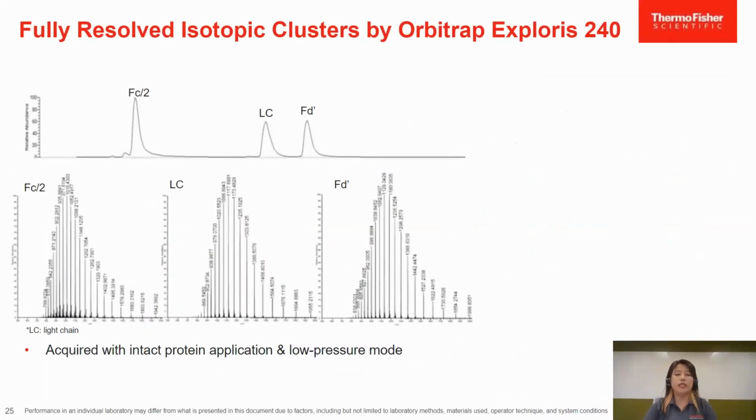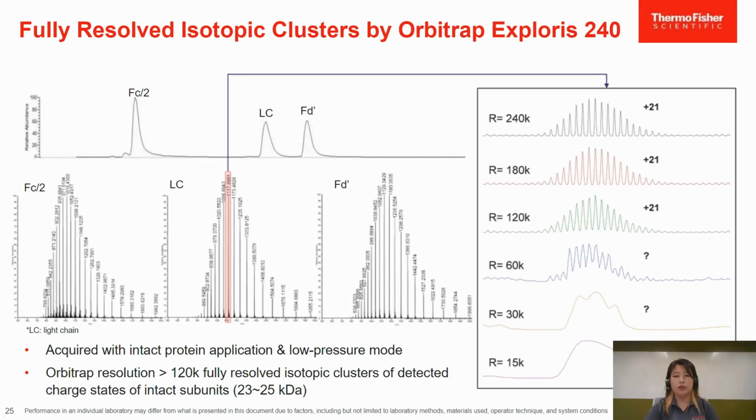So by using the Orbitrap Exploris 240, we have nicely fully resolved isotopic clusters of the different subunits. The first chromatogram shows the separation between the 3 subunits, and for each peak there are resolved isotopic clusters in the middle. And again, the data is acquired with the low pressure mode for the intact protein application.